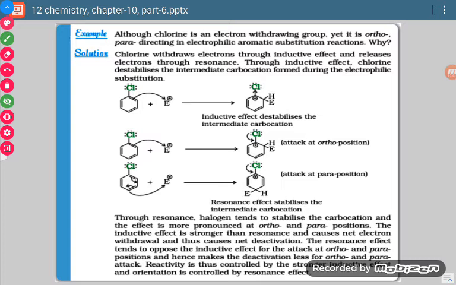Now see, if we talk about the resonance effect, there is development of negative charges at the ortho and para positions. So it means electron density is more at the ortho and para positions.